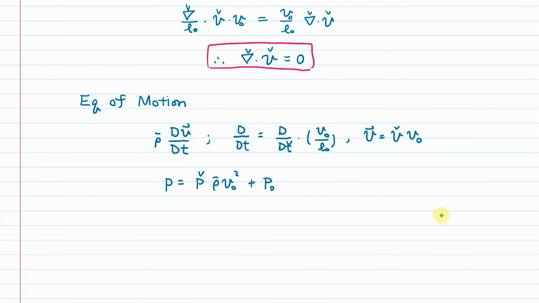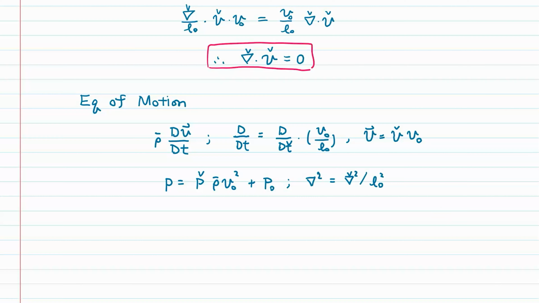And then we have the Laplacian operator. So the Laplacian operator equals the dimensionless Laplacian operator divided by L square, or L naught square.